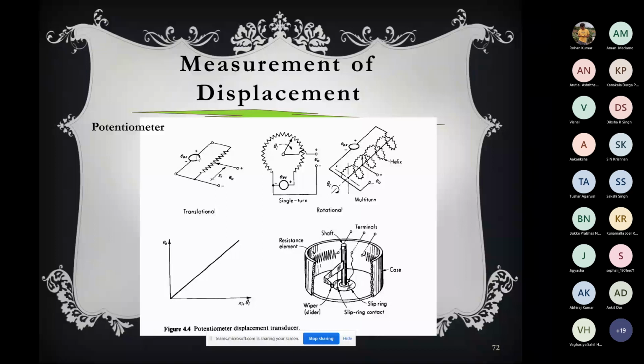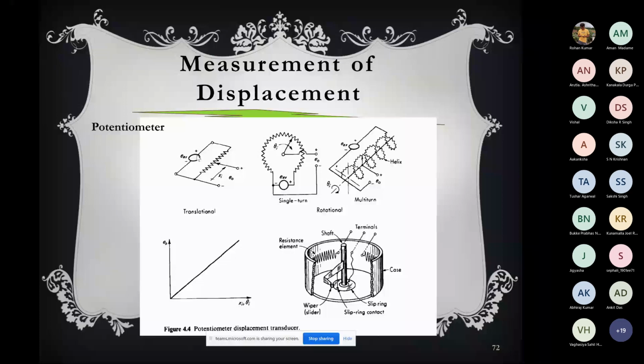If you plot Xi versus E0, how will the plot look? Here your input is Xi, the slider displacement, and the output is E0 from the voltmeter. We are assuming the voltmeter is ideal, no current passes through it, and its resistance is infinite, so there is no loading effect. With such an ideal voltmeter, the voltage output will be proportional to the input Xi. You see the straight line graph.